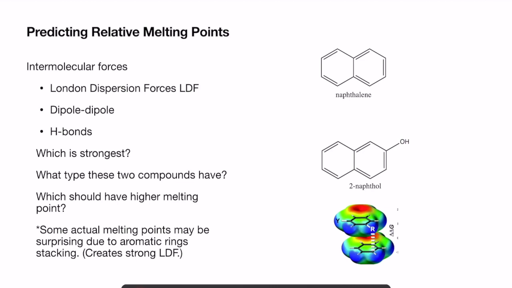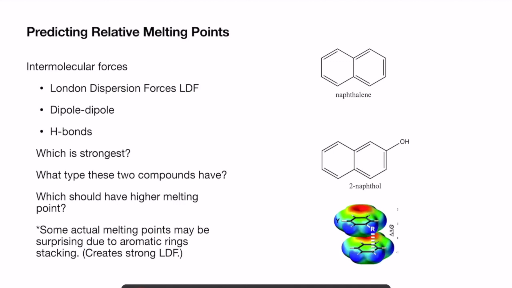But at any rate, the three types of intermolecular forces are London dispersion forces, dipole, and hydrogen bonding. Do you remember which of these is the strongest? The strongest of the three is generally hydrogen bonds. And usually the weakest is London dispersion forces.